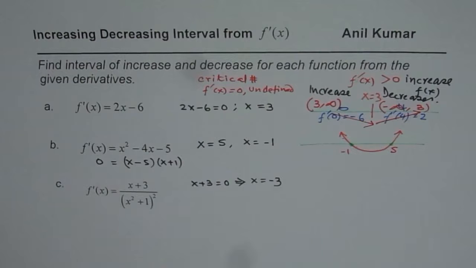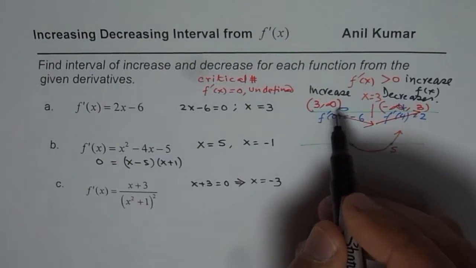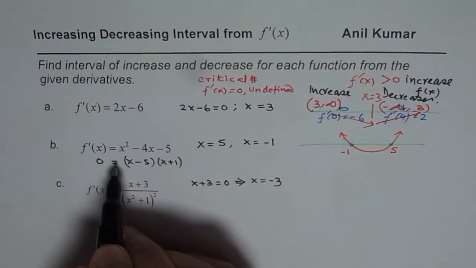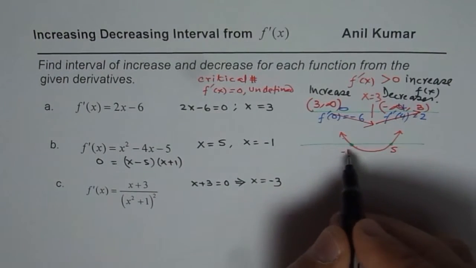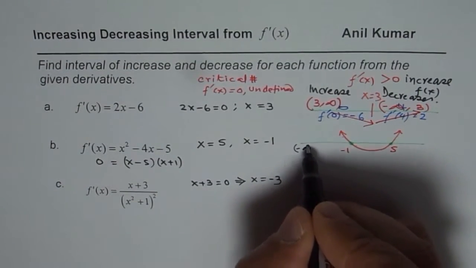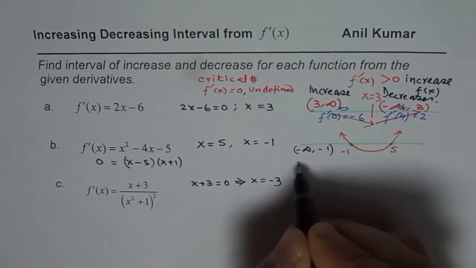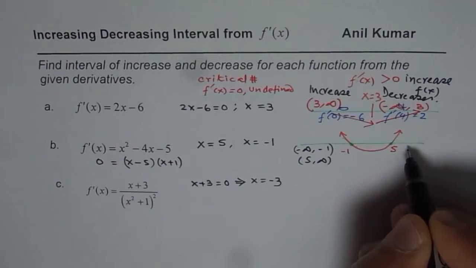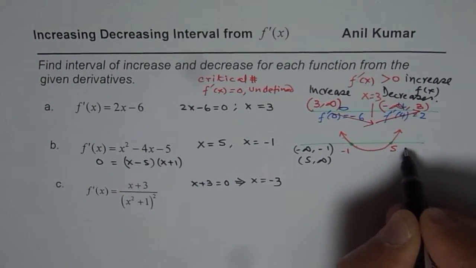So in this particular case, the interval of increasing for this function is between minus infinity and minus 1 and from 5 to infinity. And it is decreasing within the interval from minus 1 to 5, correct?